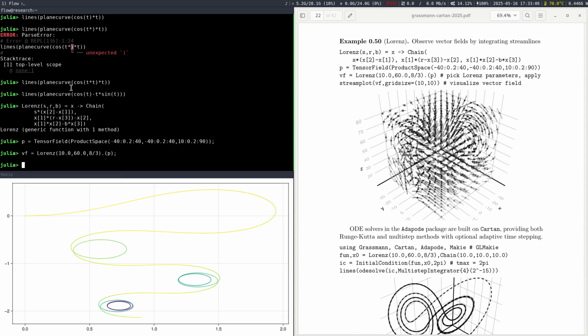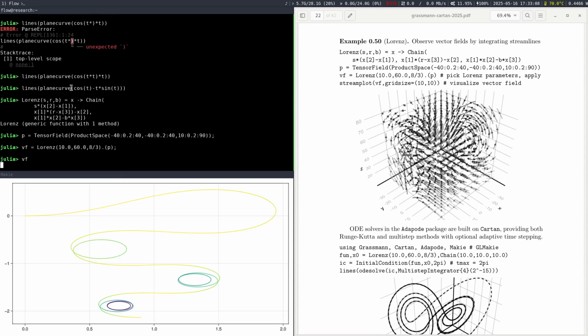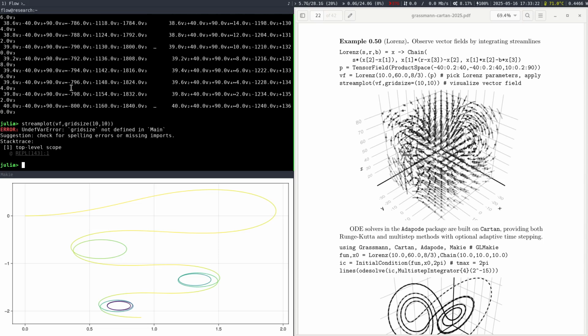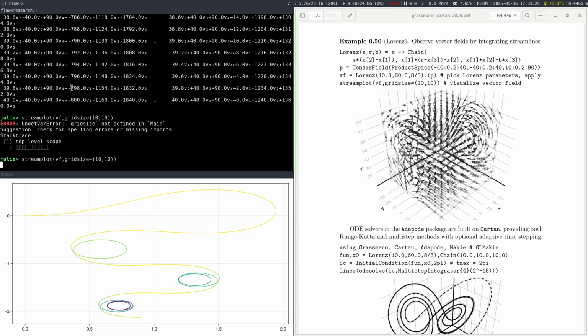And then we apply. So what is VF? VF is like a vector field, okay? So let's plot it. Stream plot VF, grid size 10 by 10. Oh, grid size equals, okay?